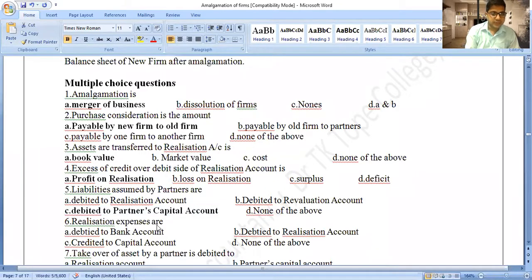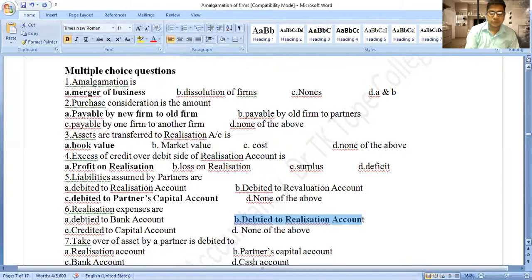Then realization expenses are debited to realization account.